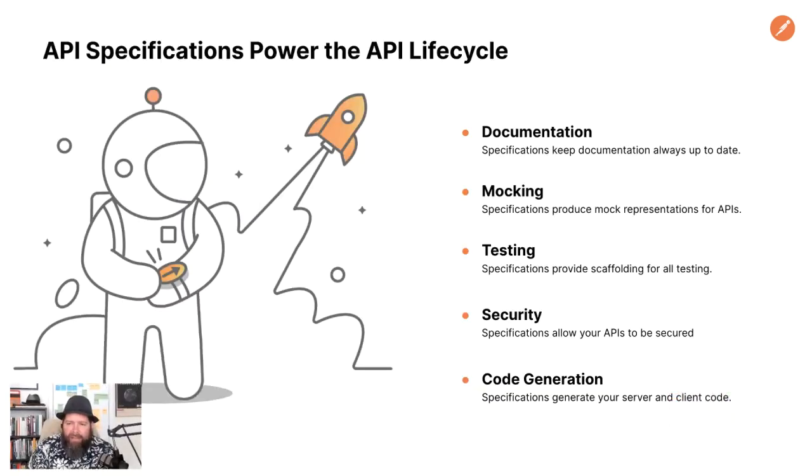API specifications are used to power multiple stops along the API lifecycle. Most notably, it's used for documentation. A lot of people who use Swagger believe Swagger is documentation, but in fact, Swagger is a specification, and you can use it to generate documentation.